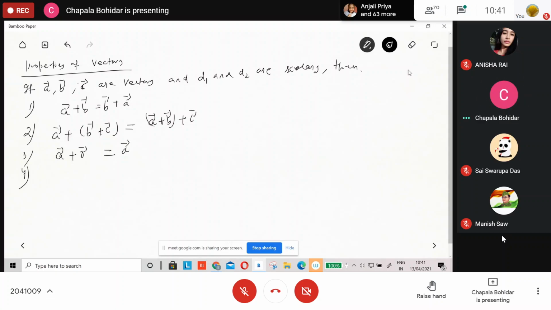Four, if you add the negative, the inverse vector, you get the zero vector, null vector.